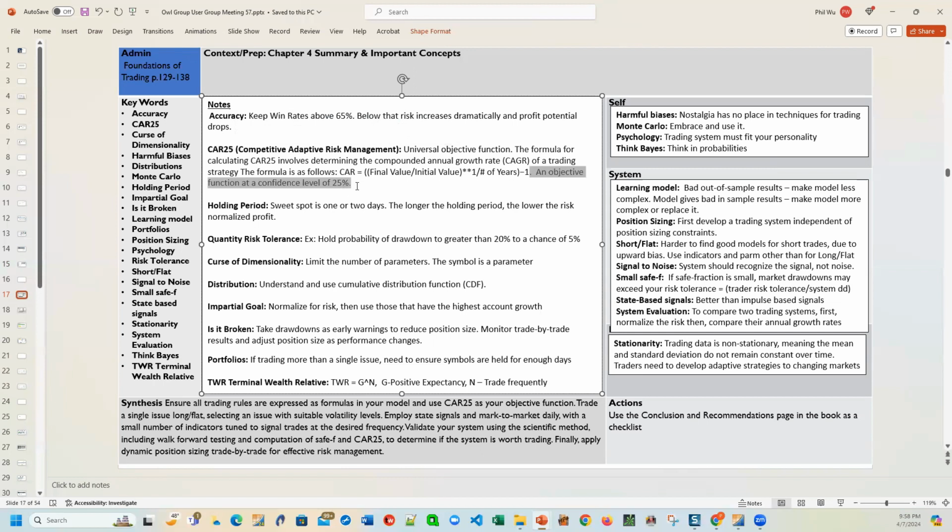Using statistics, you come up with a distribution of equity curves.